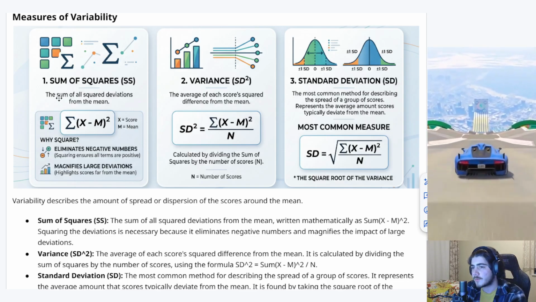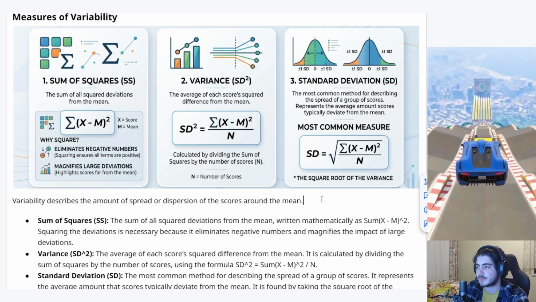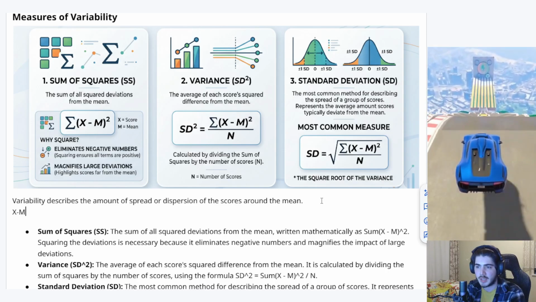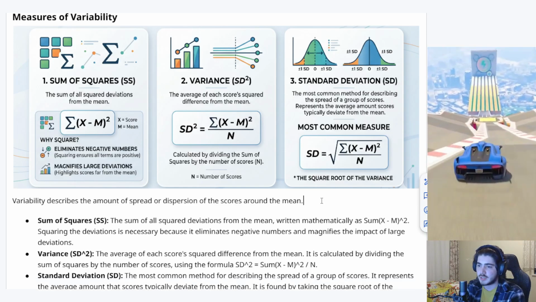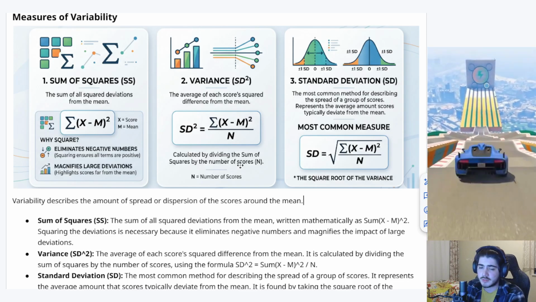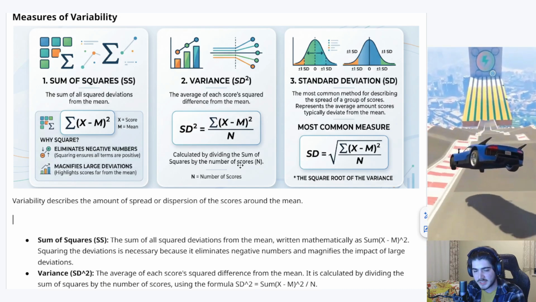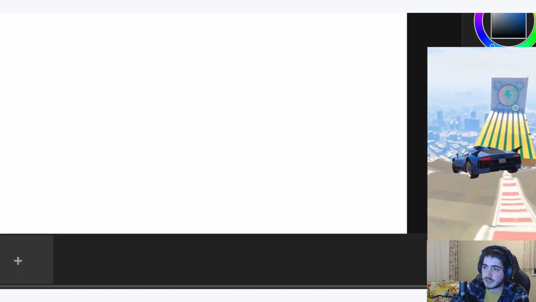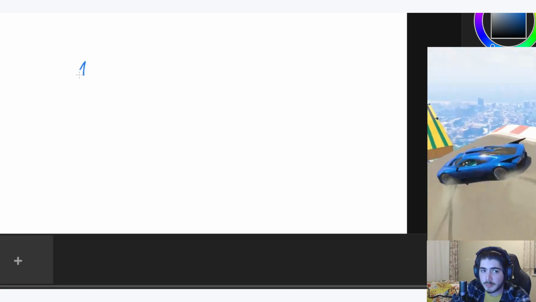So first of all, the reason we don't just add up everything, so we don't just do x minus m and then sum all of it up, is because if we did that, then negatives would essentially cancel out the positives. What do I mean by that? Let's switch over to a magma instance.